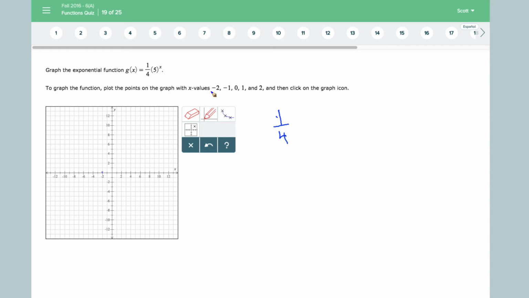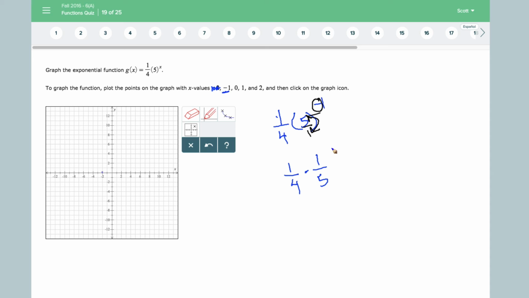1/4, we've done this one, now we're on this one, times 5 to the negative 1 power. That becomes 1/4 times 1 over 5. Remember, the negative makes us flip the fraction upside down, so that goes down there and the 1 goes up there.